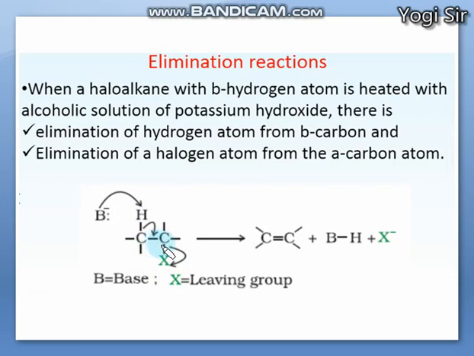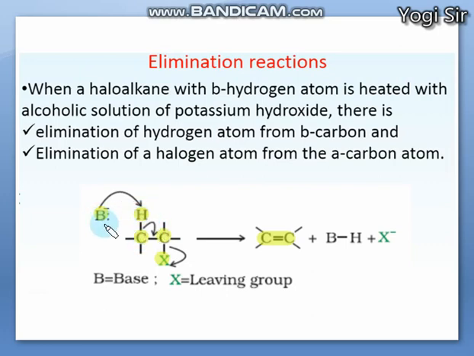The hydrogen and halogen both are removed in the presence of a base, and it will produce a pi bond or double bond between the carbon atoms, which is named elimination, right? From the first carbon, that is the alpha carbon, halogen is removed, and from the nearby carbon, that is the beta carbon, hydrogen is removed, so it is also named beta elimination, right?